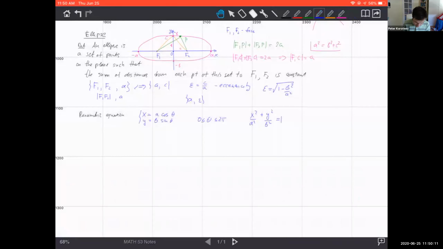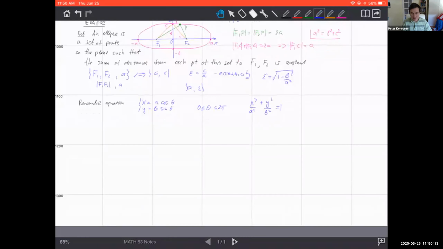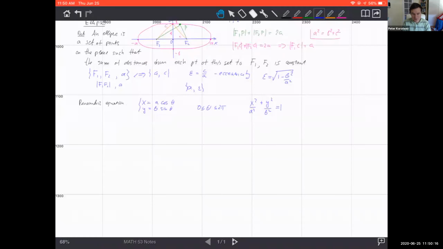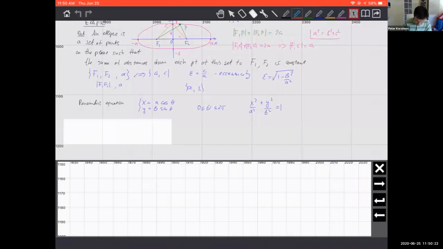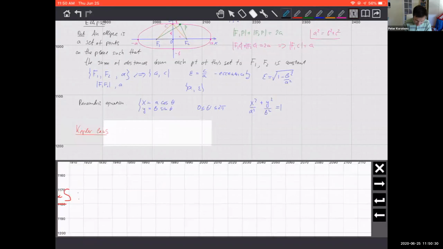So I think later when we talk about vector calculus, I'll prove for you the three Kepler laws. The reason these shapes are so famous is because they describe how objects move in the field of gravity, right?